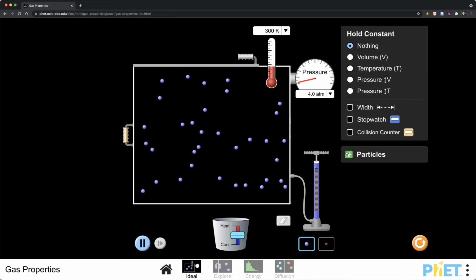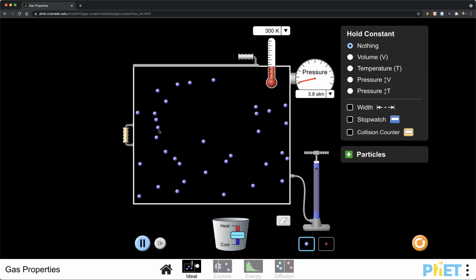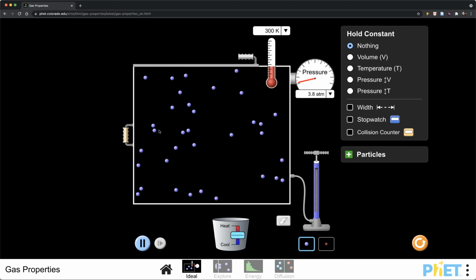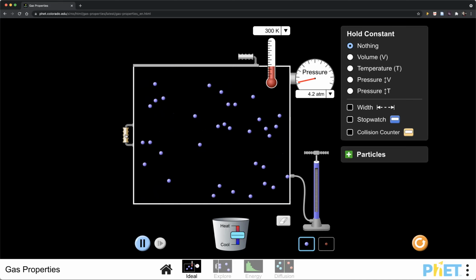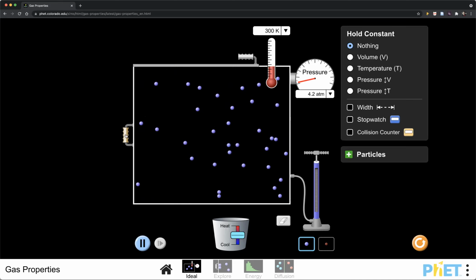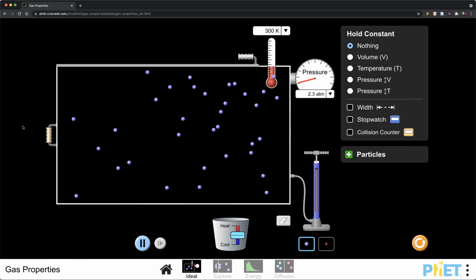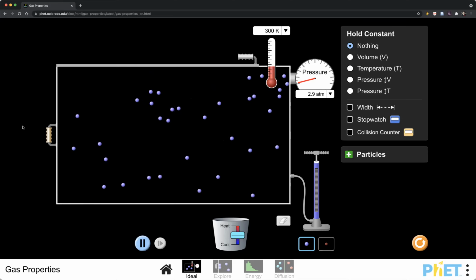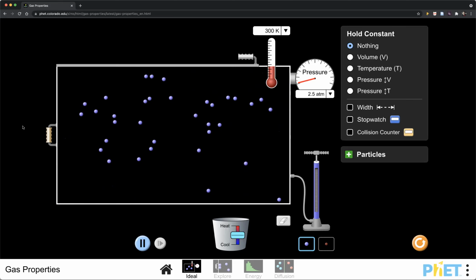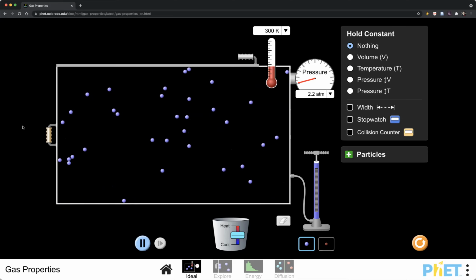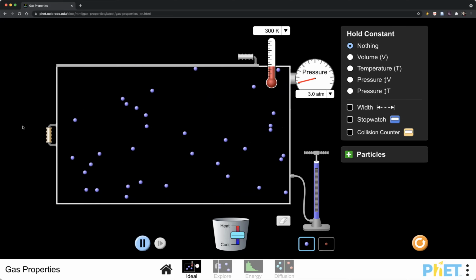Okay. So what I want you to do now is I am going to adjust the volume, and I want you to pay attention to how the adjustment of the volume impacts the pressure. What observation can you state?